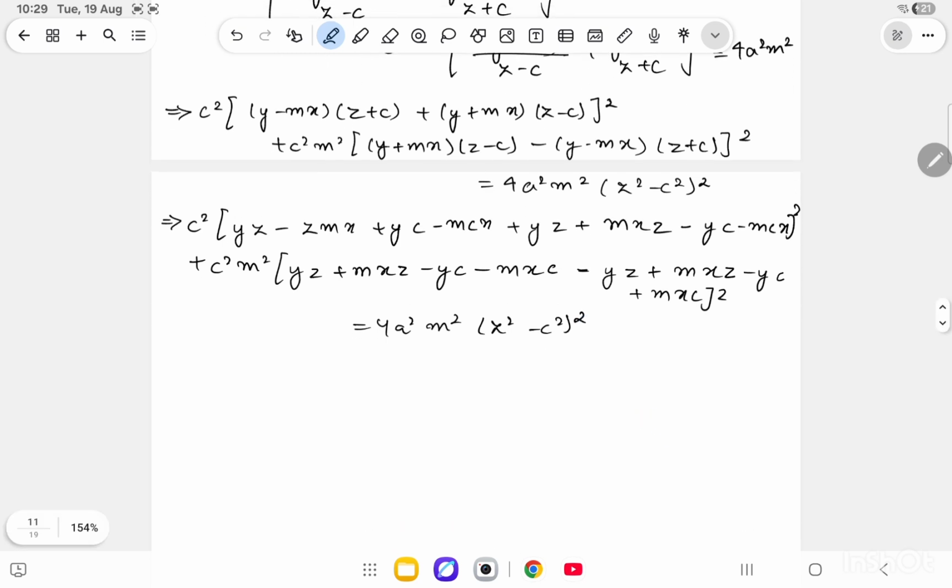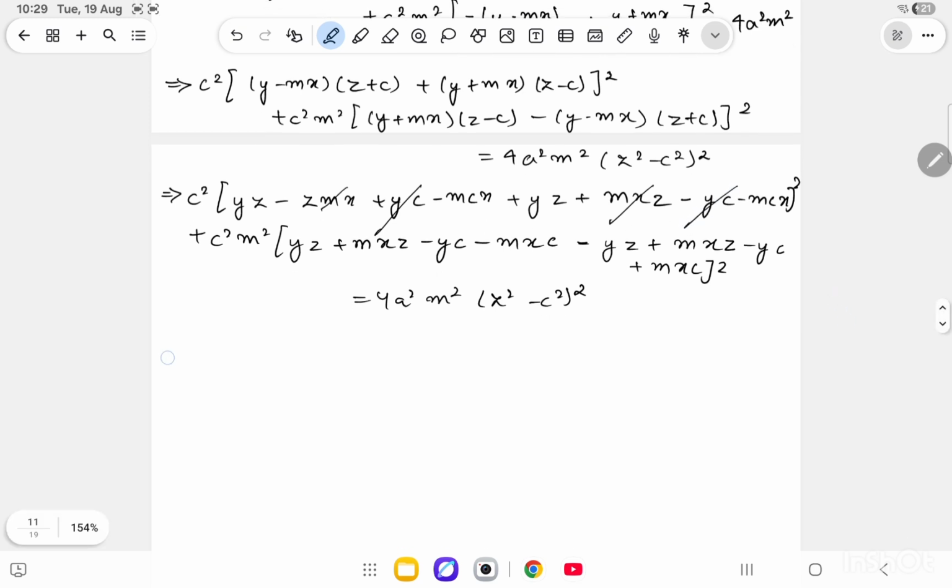So let's see if we can balance out some terms. Minus zmx, this one balances out this one, yc balances out this one. So we are left with c square into (4yz minus mcx) square.